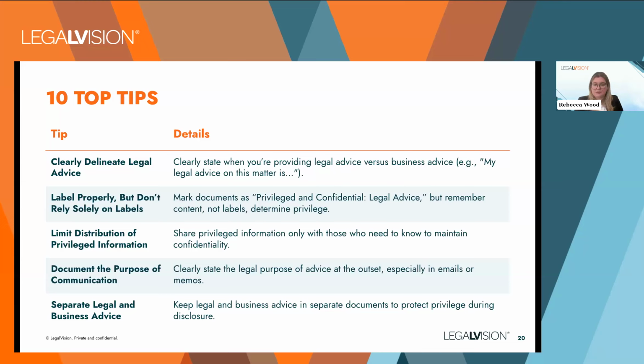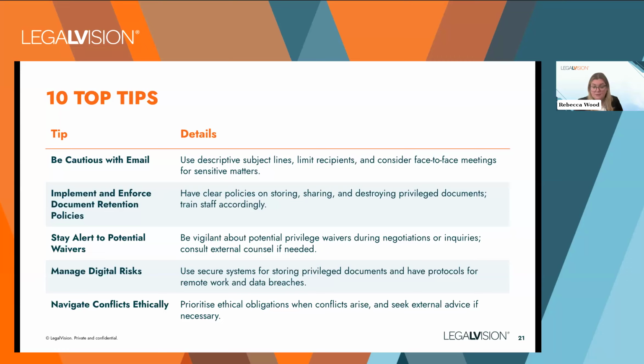So separating out those two key communications. When you're emailing, make sure that, again, you're applying labeling to the subject lines. When you're sending emails that contain legal advice, be mindful of who you're copying and consider if actually a face-to-face meeting might be more important when discussing sensitive matters.